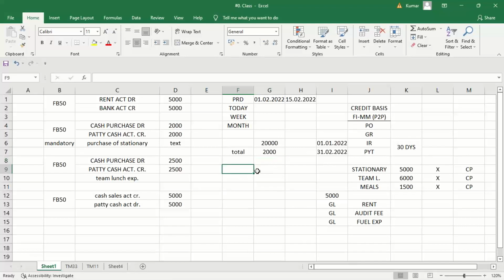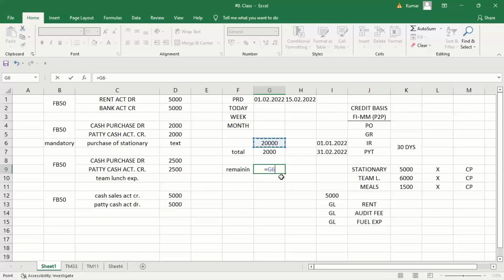And here let's suppose the remaining balance. This is called closing, but you can see it on the screen itself. So what is the amount in hand, guys? This much minus this much. Okay, now this is the process, right?